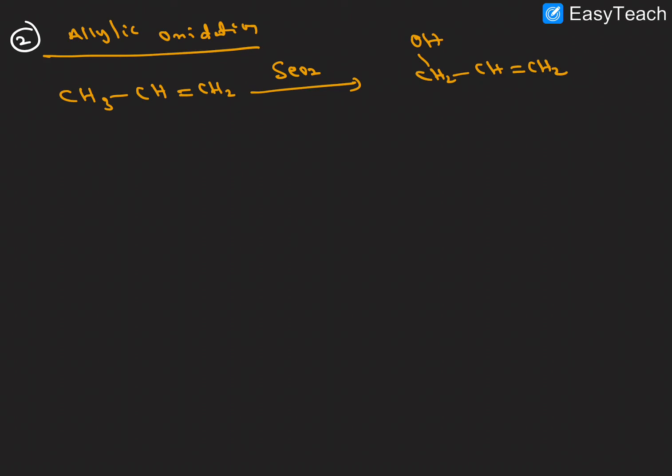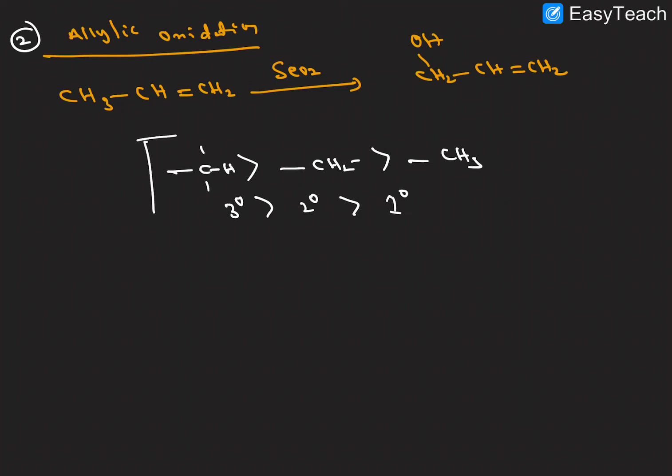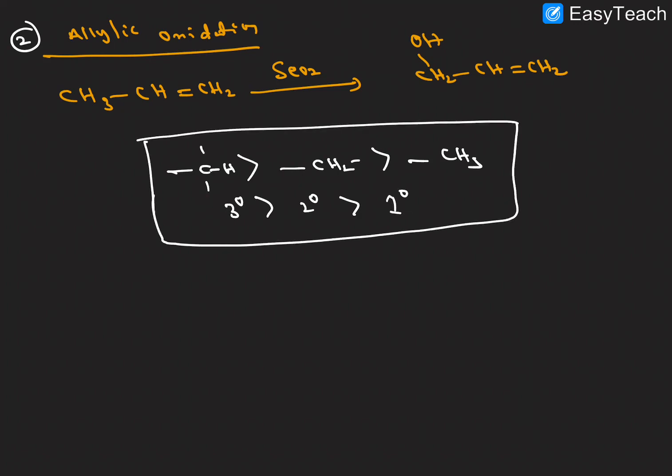Here also the same reactivity order: the allylic carbon containing a tertiary hydrogen is more reactive than CH2, then CH3. So tertiary is more reactive than secondary, and secondary is more reactive than primary. Same order for oxidation of allylic carbon.